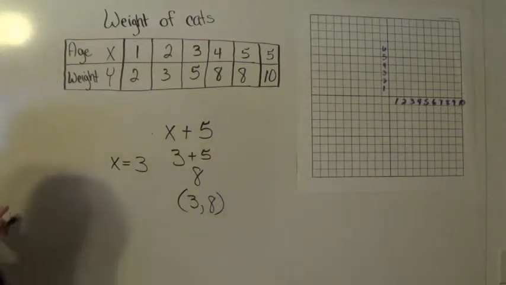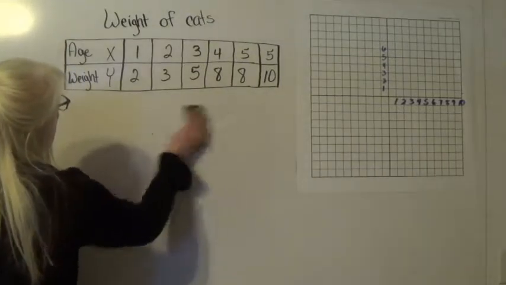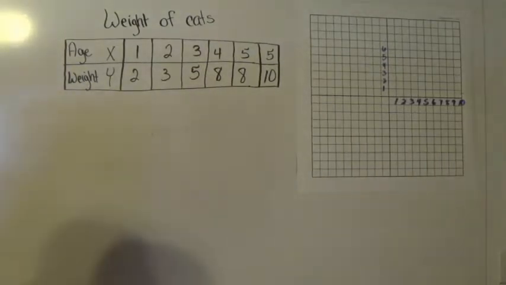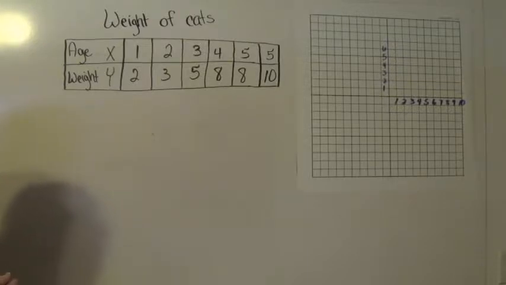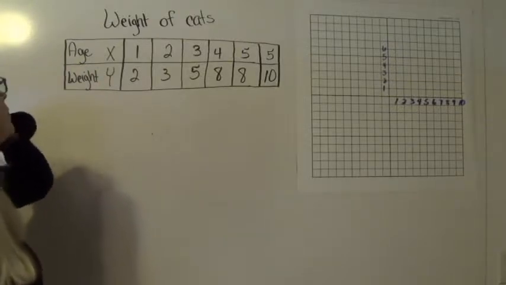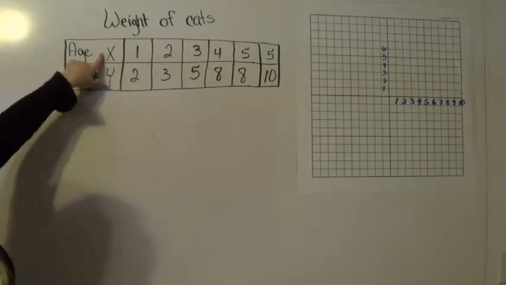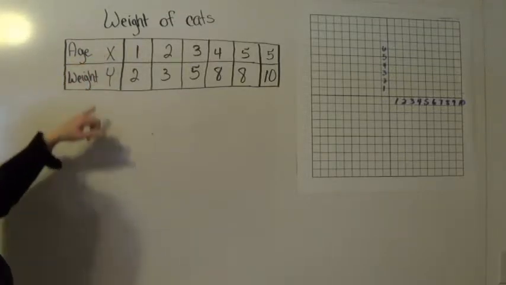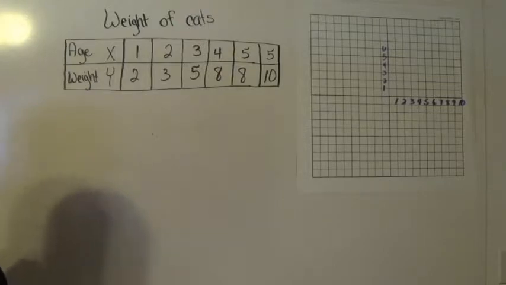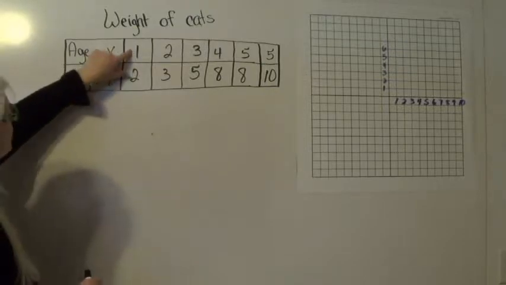So let's go to this table that I have here. In this table we're going to talk about the weight of cats. The age is going to represent the x and the weight is going to represent the y value. So actually what you have here is a coordinate.